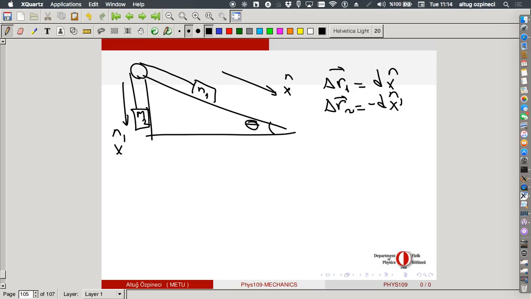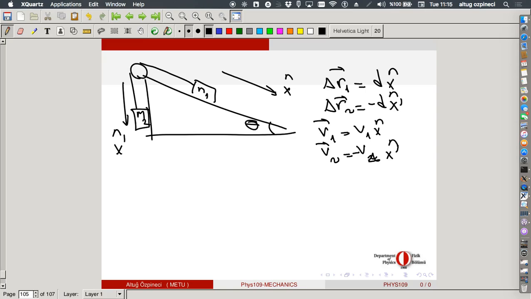But if you just divide this by the time it takes for this change to happen, we get the relation between the velocities. If the velocity of mass 1 is v1 in the x direction, then the velocity of mass 2 should be equal to minus v1 in the x prime direction. If one is moving in the plus x direction, the other one should be moving in the minus x prime direction.